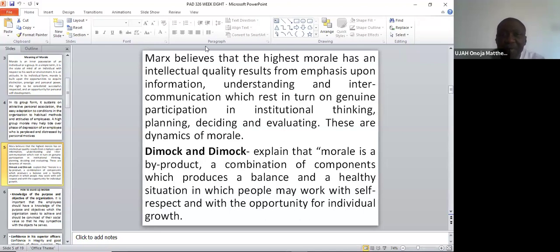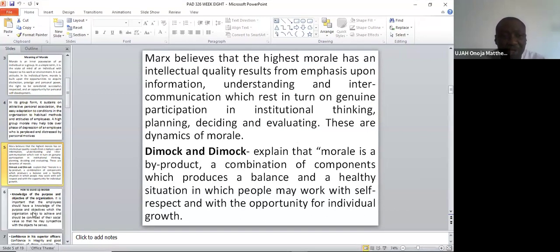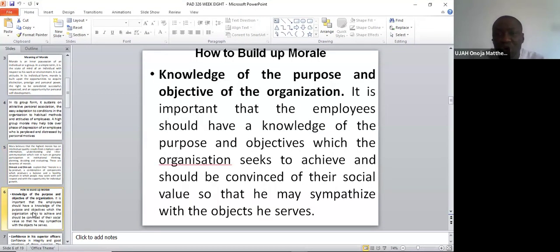So you can see that beyond the angle of the welfare needs of the employee alone, there is also the angle of self-respect associated to it, and there is the angle of increased opportunity for the individual to succeed in an atmosphere where the morale is high, where there's adequate encouragement, where the employees are carried along and are in sync with the principles and objectives of the organization. So morale is a very important aspect of the civil service that must be projected and must be put into consideration. How to build up morale?